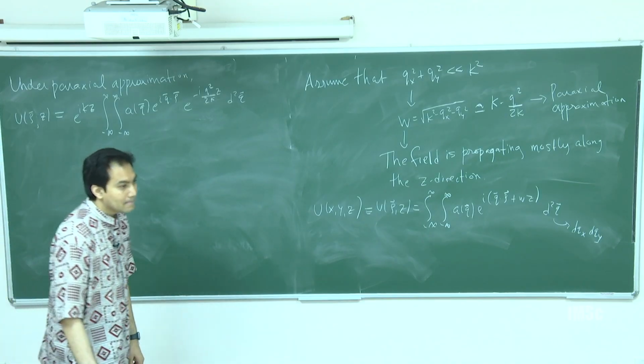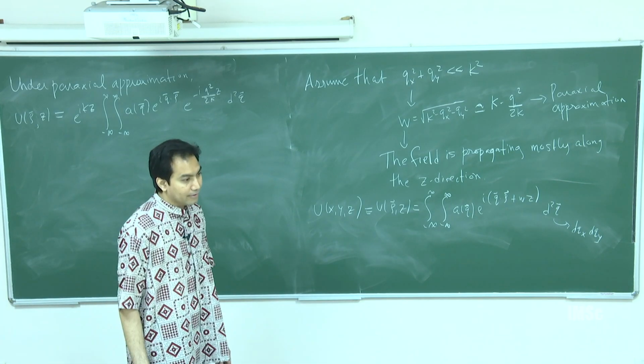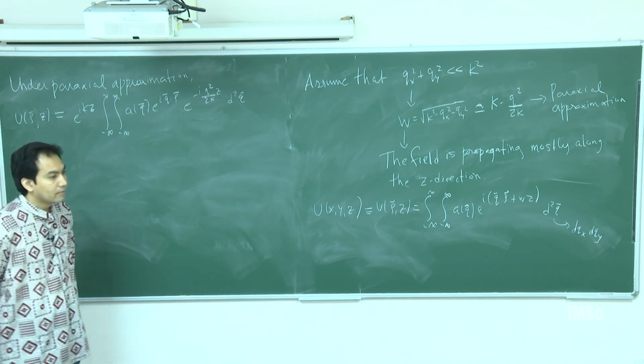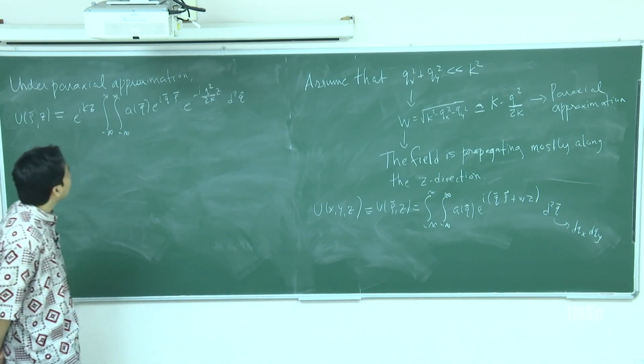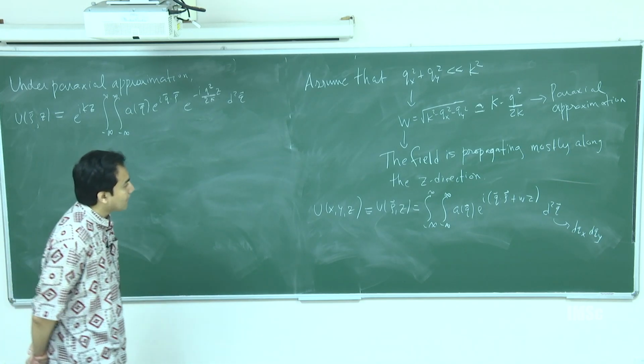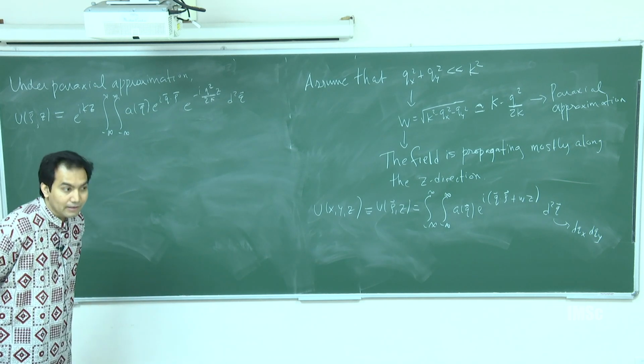If you take the paraxial approximation, then the translational symmetry along the propagation direction is no more there. That is true, because going from z to z plus z naught will change things. Replace z by z plus z naught, and the expression on the right hand side will change. So under the paraxial approximation, we have to fix the source somewhere and determine the field at the source.